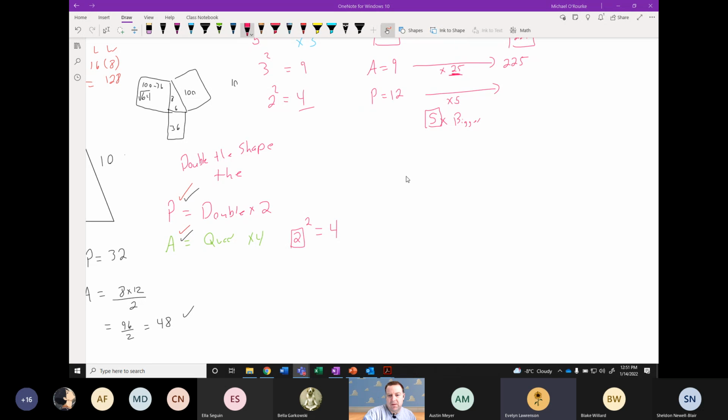Okay. For two-dimensional shapes, where's my pencil? I'm going to zoom in once I get this typed in.